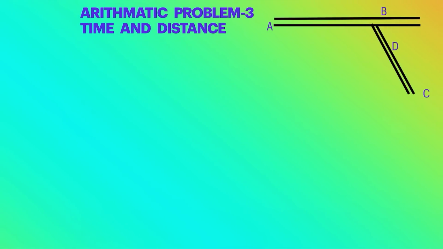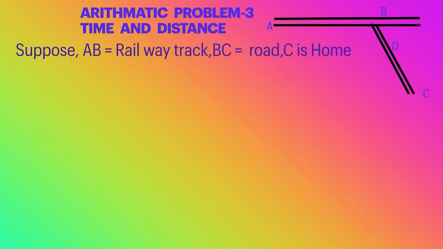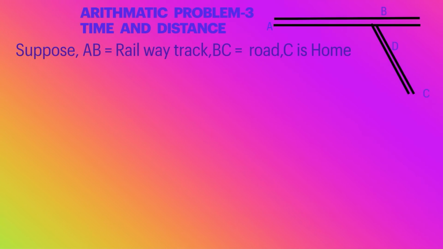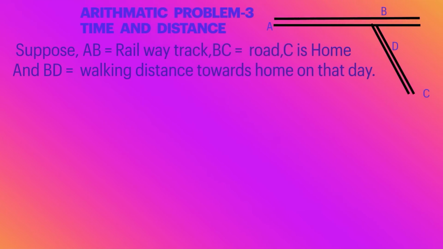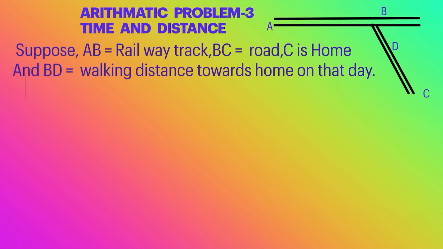Now let us come. Suppose AB equal to railway track and BC equal to road, C is home, all these are the same, and BD equal to walking distance towards home on that day.